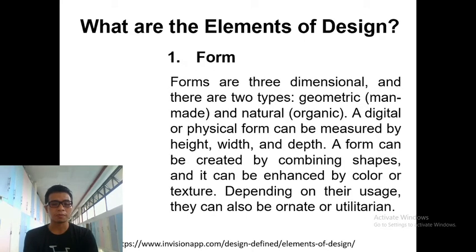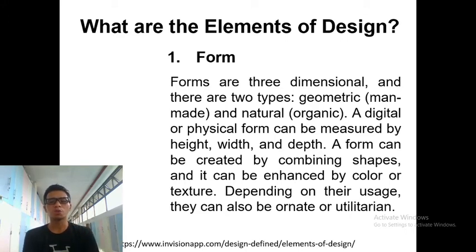Forms are three-dimensional objects. A 2D one is a shape, but I'm getting ahead of myself. When you talk about forms, they are three-dimensional, and there are two types.